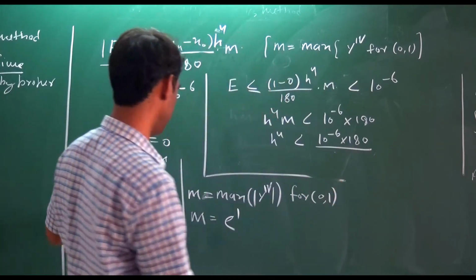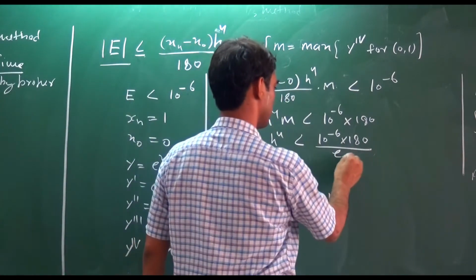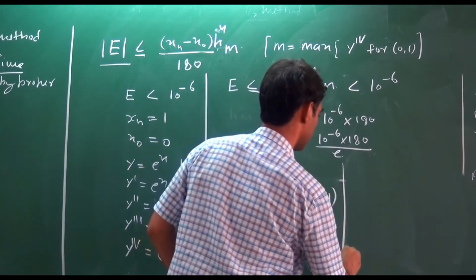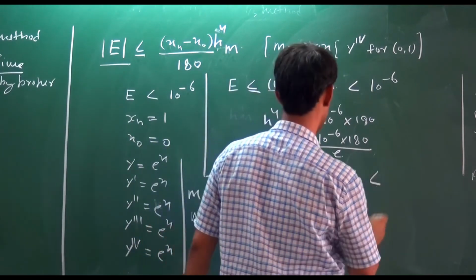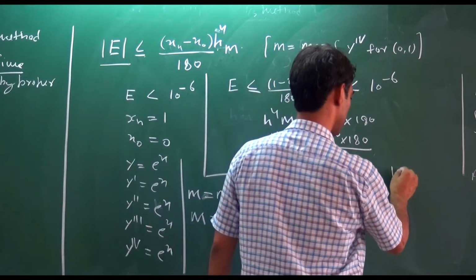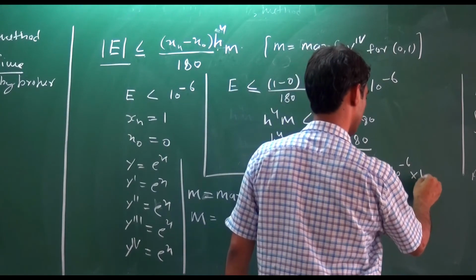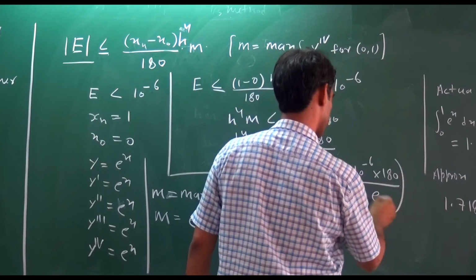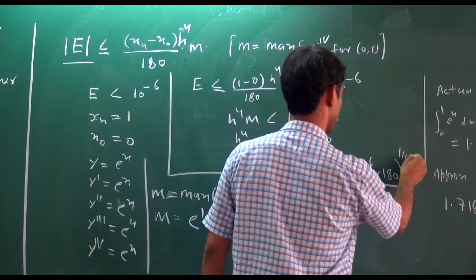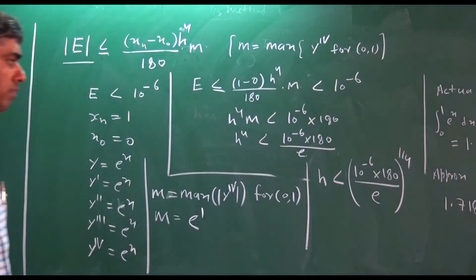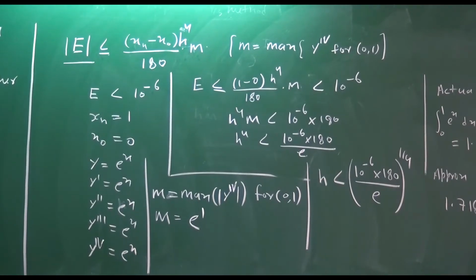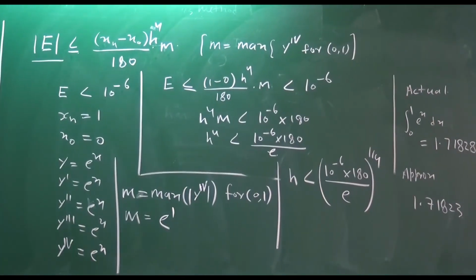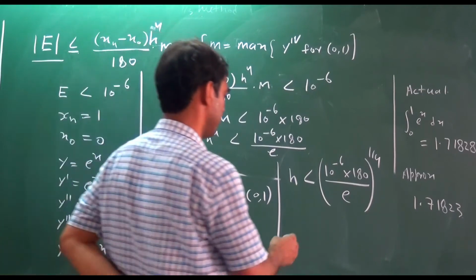The value of m is e. So the value of h is less than 10 to power minus 6 into 180 divided by e, to power 1 by 4. After simplification, the value for this one is 0.148.